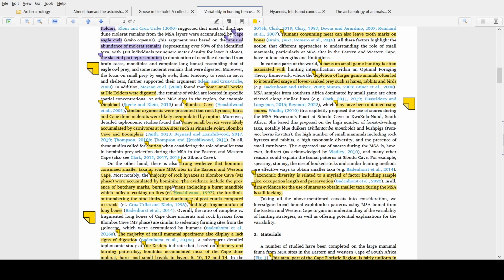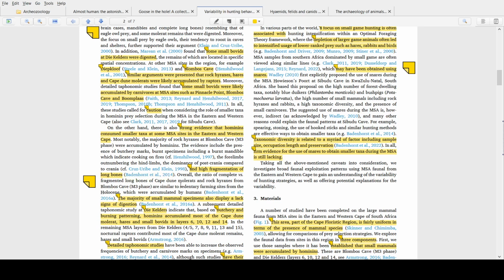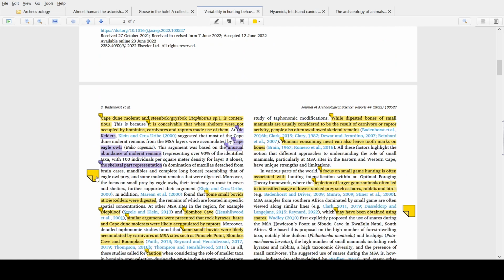I can unhighlight this and just put it in the notes here, just hominin because of this, and each one of these components has been explained here. The butchery has been explained here, the burning has been explained, the postcrania has been explained. So you just make these little notes.